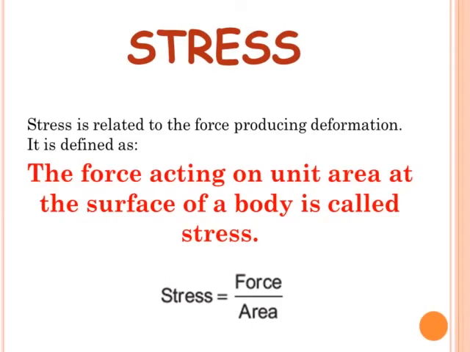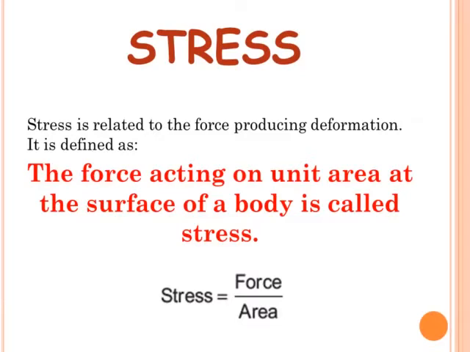Stress. Stress is related to the force producing deformation. The force acting on unit area at the surface of a body is called stress. So on the surface of any body, the force acting on the unit area of that body is called stress.